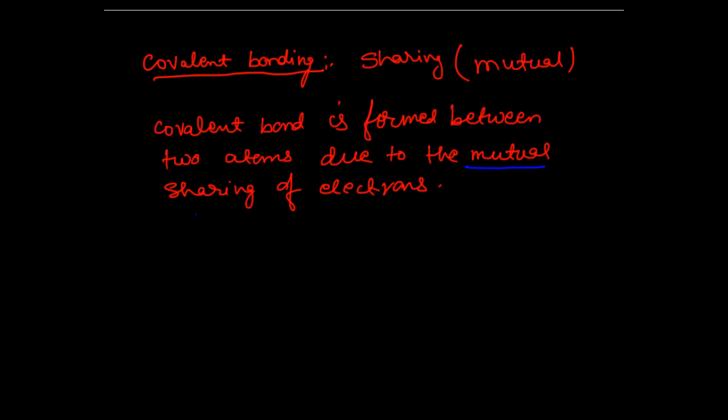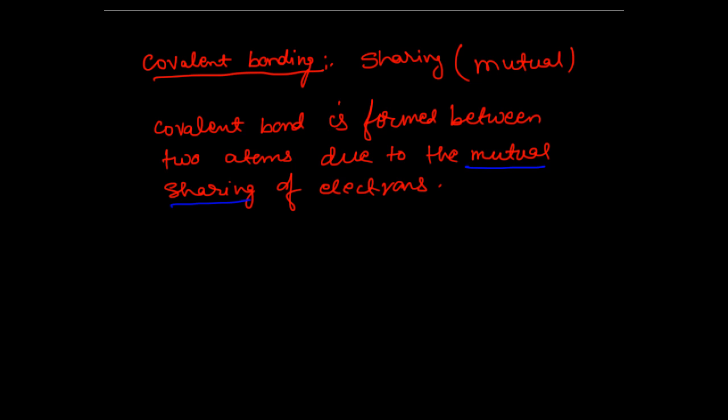What does mutual sharing mean? Mutual sharing in this case means that the shared pair of electron comes from both atoms. That is, both atoms contribute to the shared pair of electrons. Hence, the term mutual sharing is used.